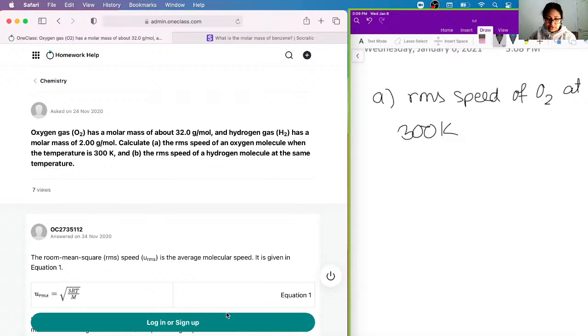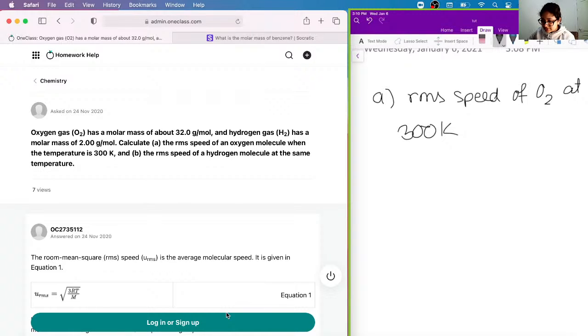RMS is the root mean square speed, so it is actually the average molecular speed. As you know, molecules are moving around in a given system, and as you increase the temperature, they start to move faster. We're just trying to find out the speed at which it is moving at a given temperature. In this case, it's 300 Kelvin.